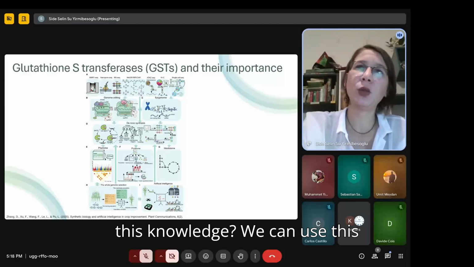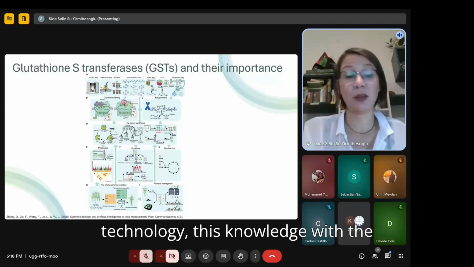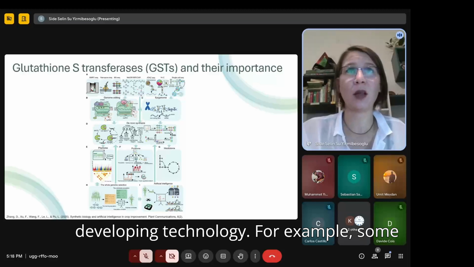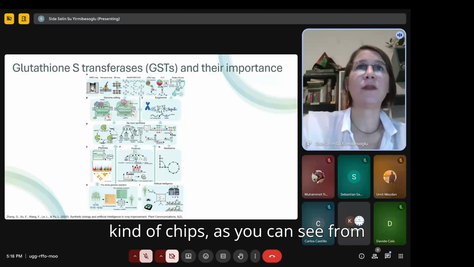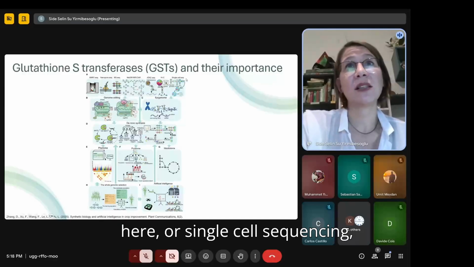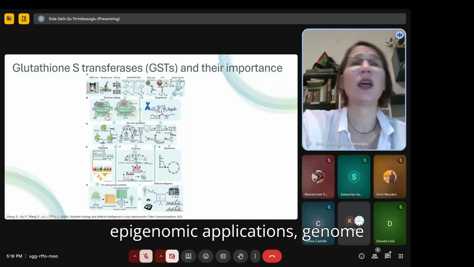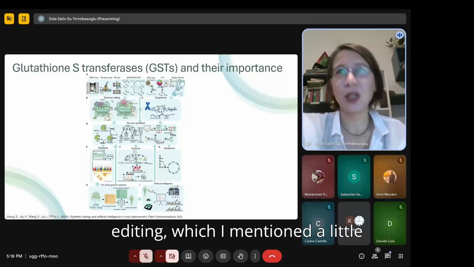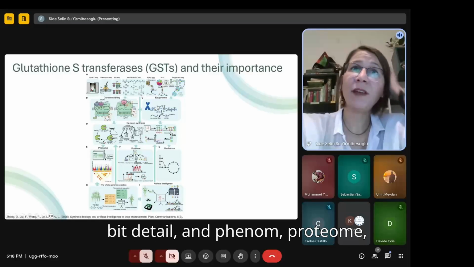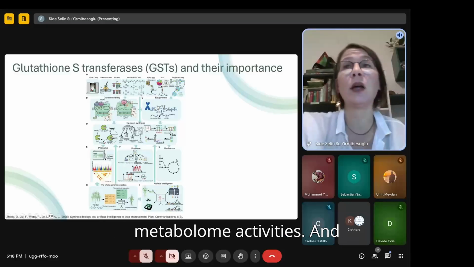We can use this knowledge with the developing technology. For example, some kind of chips, as you can see from here, or single cell sequencing, epigenomic applications, genome editing, which I mentioned in a little bit of detail, and phenome, proteome, metabolome activities.